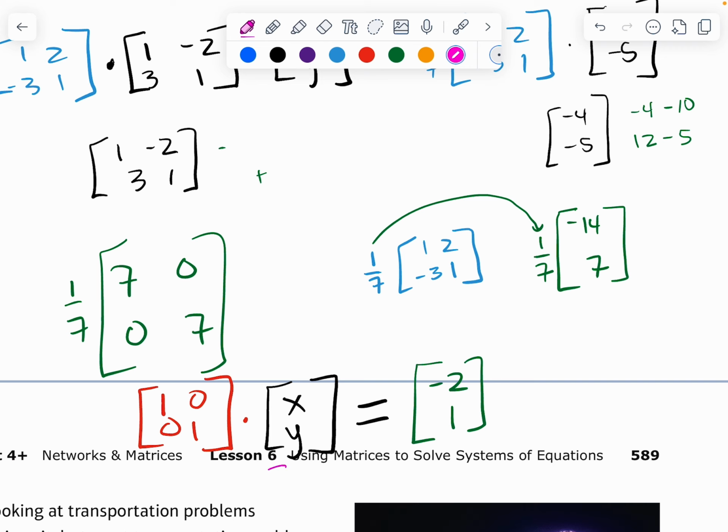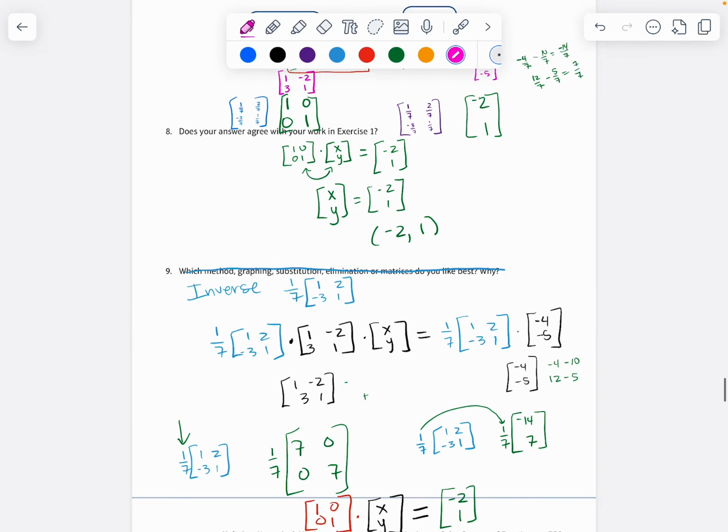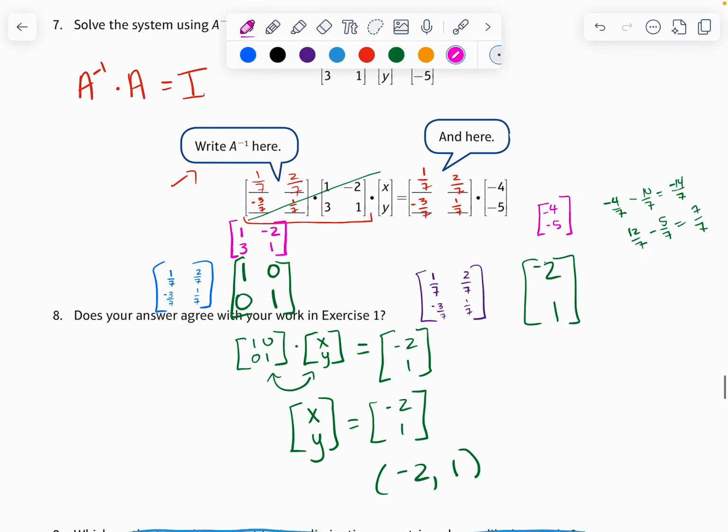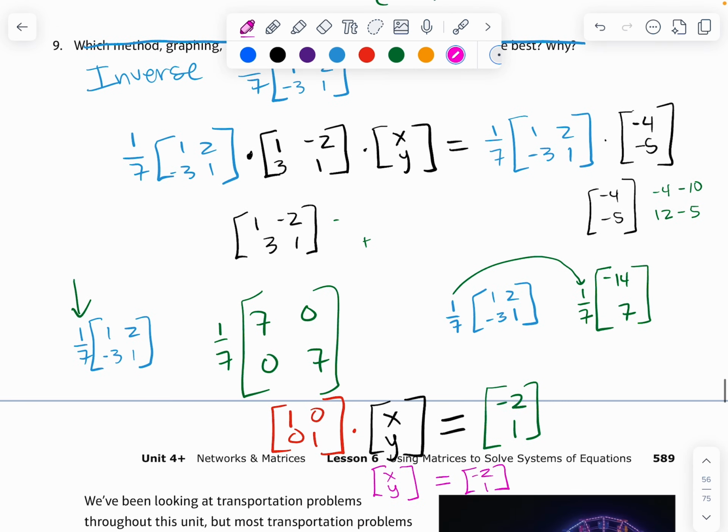I'll just write it right here. x, y, negative 2, 1, which is the exact same thing that we did up above right here, but with fractions. So if you don't like dealing with all the fractions, you can do it this way instead of dealing with all the fractions.